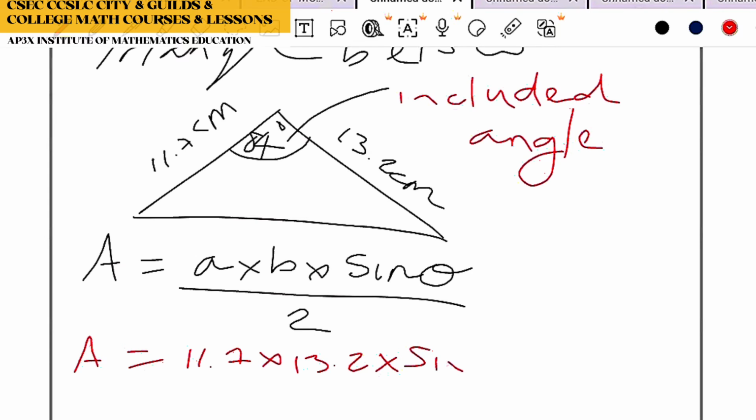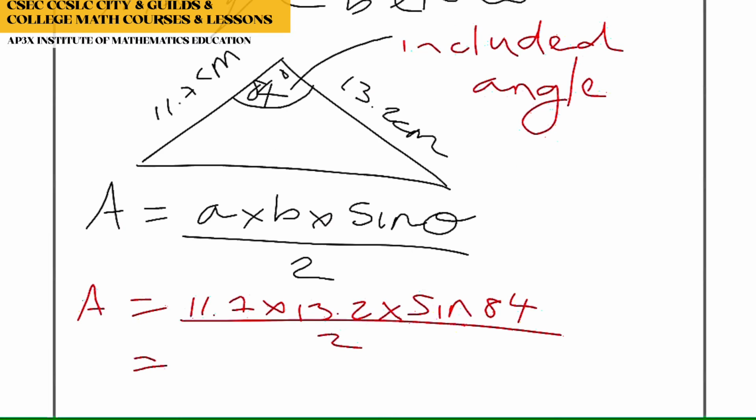All right, assuming that everybody has the right answer, the sine of 84, all divided by 2. So, can you help me now, guys? What is 11.7 multiplied by 13.2 multiplied by the sine of 84? I just want the answer at the top. Please don't type everything into the calculator at once, because you are going to get an incorrect answer. So what's the answer for the top?